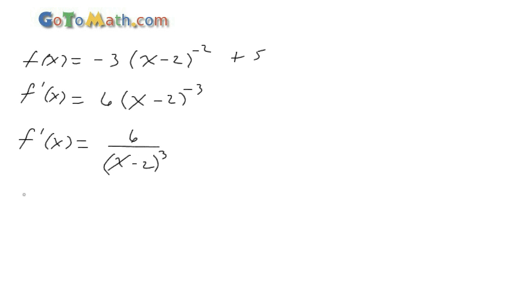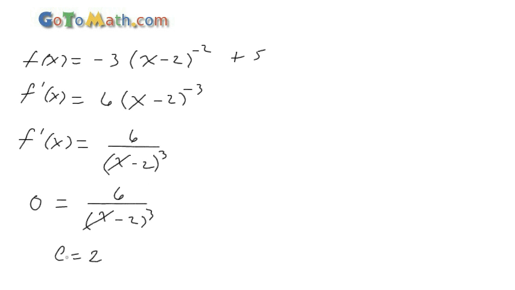Alright, so we want to take this thing, set it equal to 0, and find all the critical numbers if there is any. That's the question. So what would make the numerator 0? Well, there's nothing we can plug in. What about down here? So we have a possible critical number at 2, because when we plug 2 in the denominator, we get 0, right?